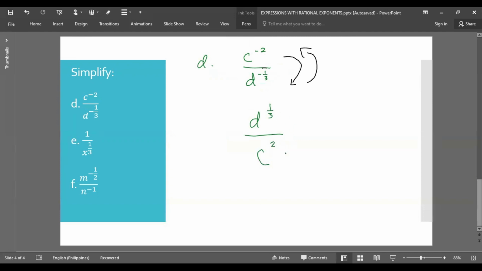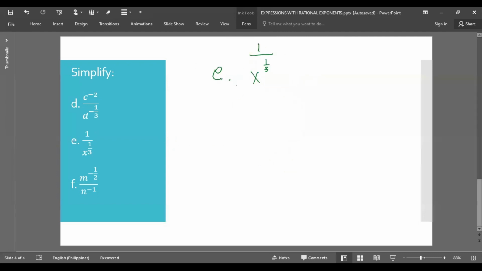Since kinuha na natin yung reciprocal niya, naging positive yung exponents. Meron pa bang problema dito sa expression na to? How do you think this is now the simplest form of this expression? Yes, kasi wala ng negative exponents. Wala na rin fractional exponents sa denominator. So this is now the simplified form.